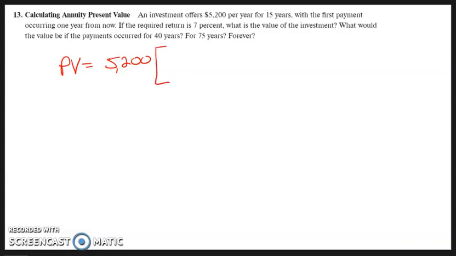So one minus one divided by one plus the rate. In this case, it's 7%, so it's 1.07, and that would be to the 15th power. Then you divide by 0.07, and you should get $47,361.20.